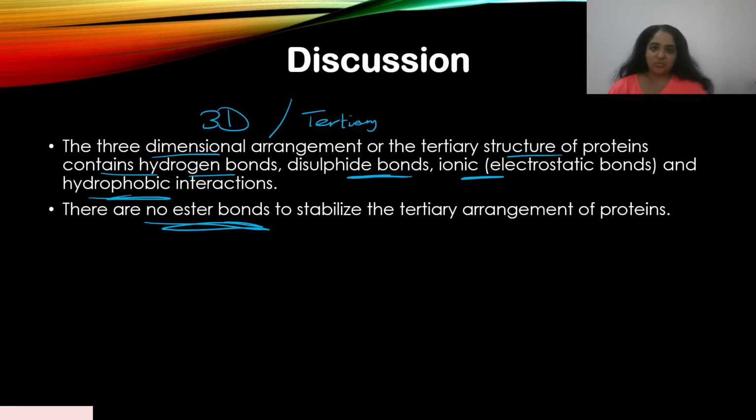Of course, it's ester bonds. And where else do you see ester bonds? You see the phosphodiester bond in DNA and RNA. So that's one place where you see that. There, ester bonds are helping in stabilizing the structure, but not in proteins. The question is related to proteins, and of course, there are no ester bonds there.